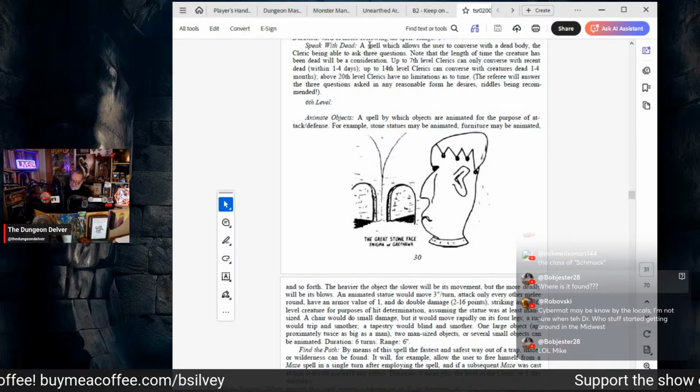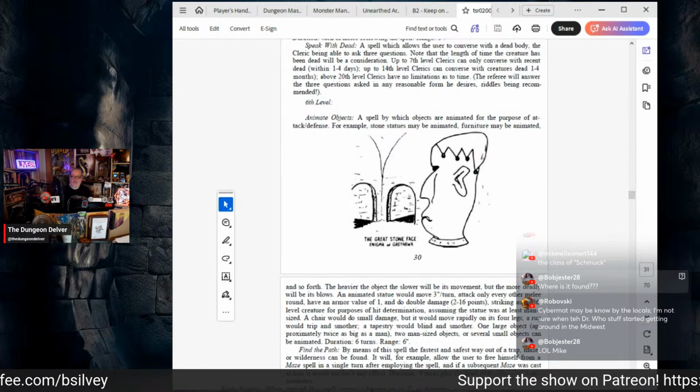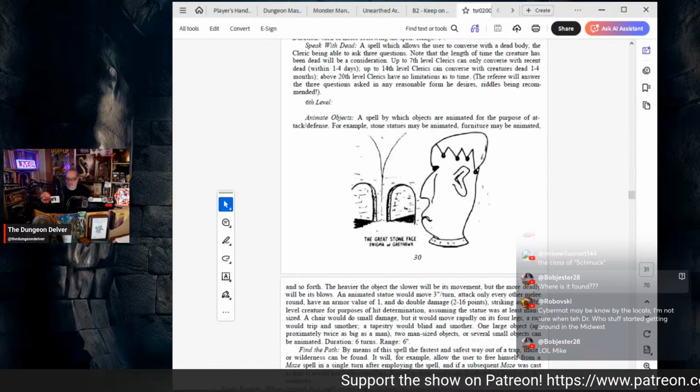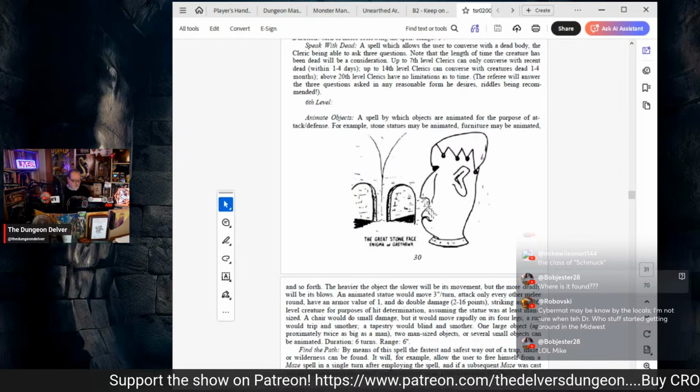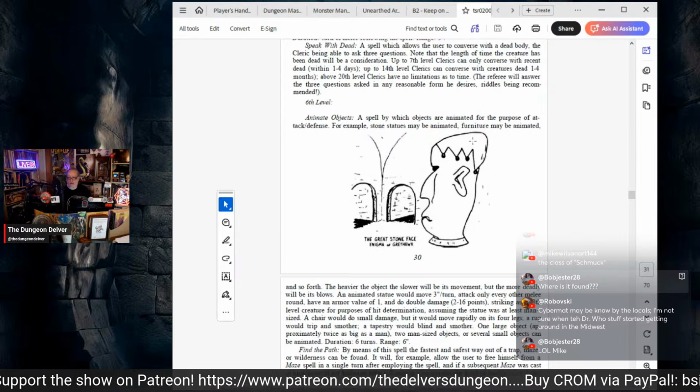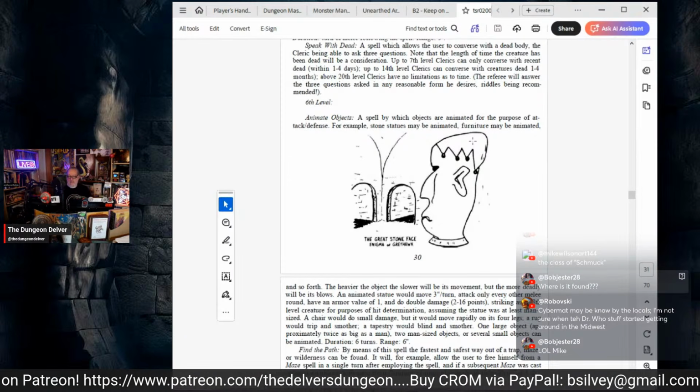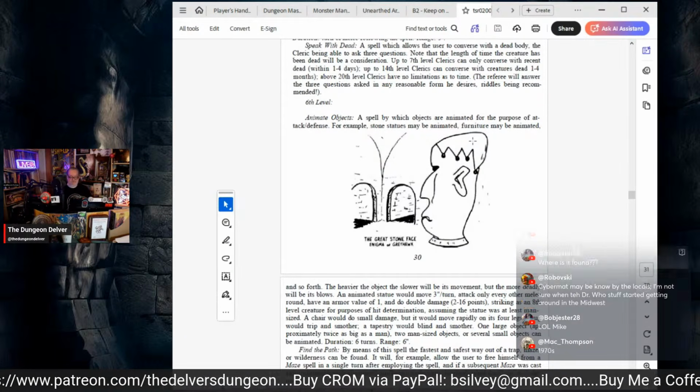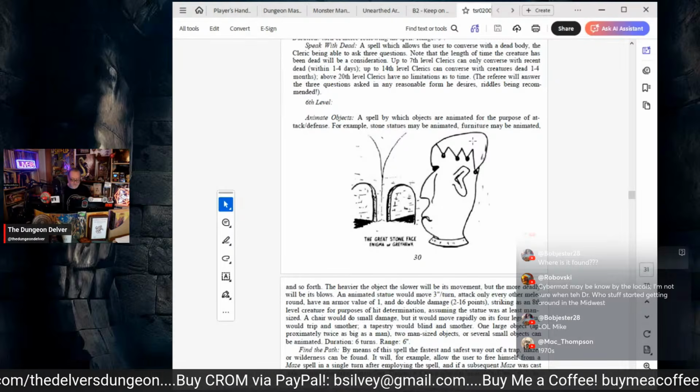And Fraz Urblu gave Iraq's cousin great power in exchange for freeing him. Now, Iraq's cousin was played by the late Ernie Gygax, Iraq and Iraq's cousin.